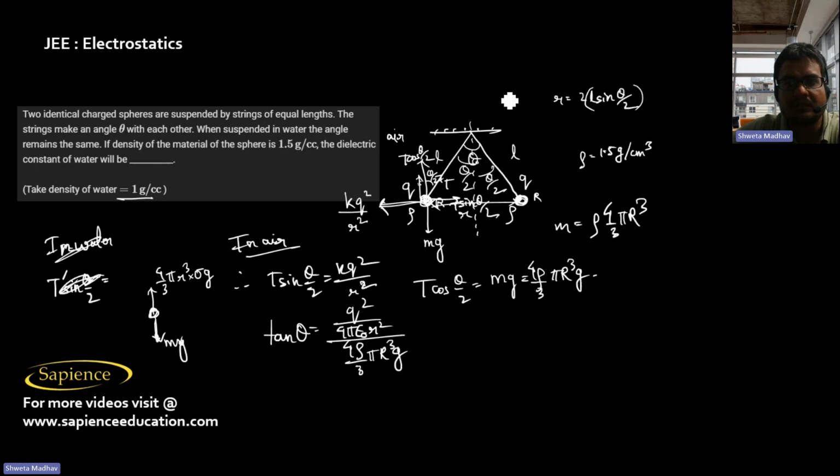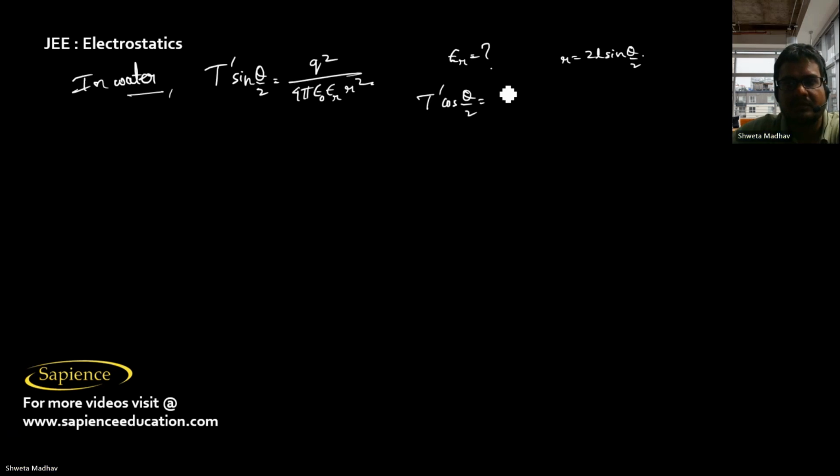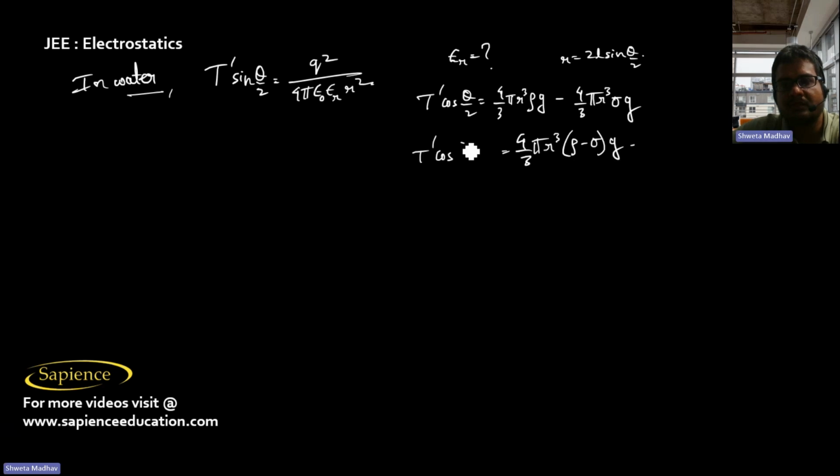So T dash cos theta by 2 will be mg minus 4 by 3 pi R cube sigma g, that is equal to 4 by 3 pi R cube into rho minus sigma into g.